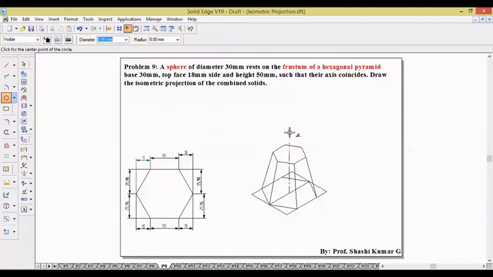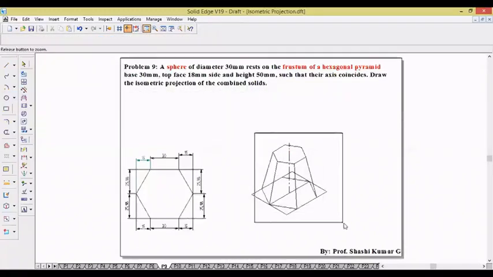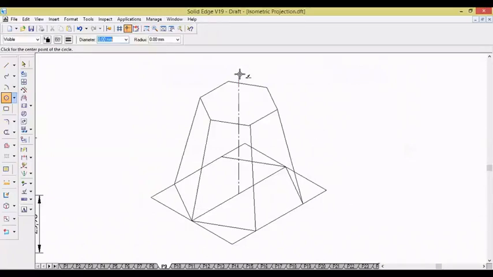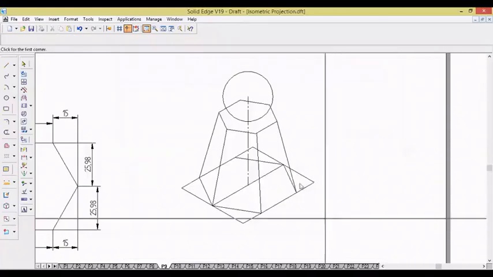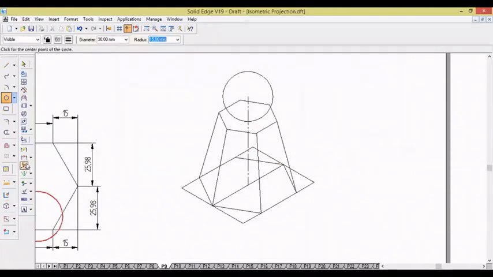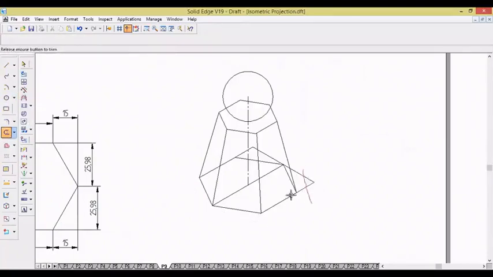Now take circle by center point method. From the end point of this line, draw a diameter of 30 mm circle. Now trim the unwanted edges. Construction lines and invisible edges you can trim.